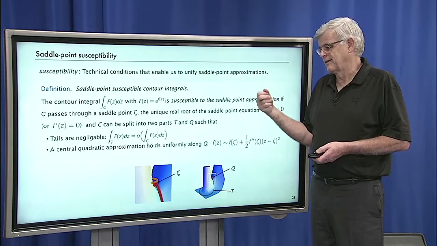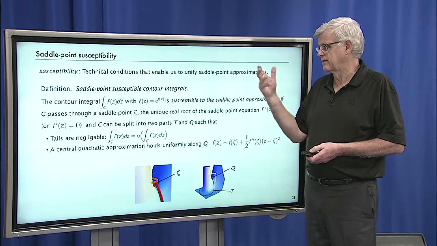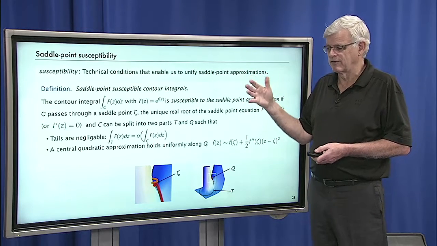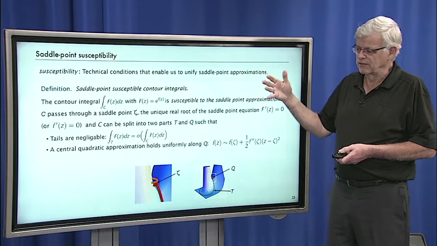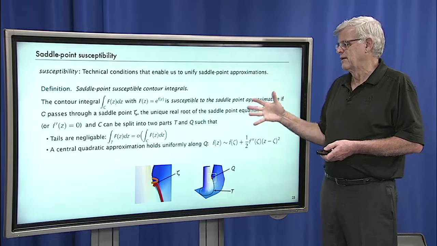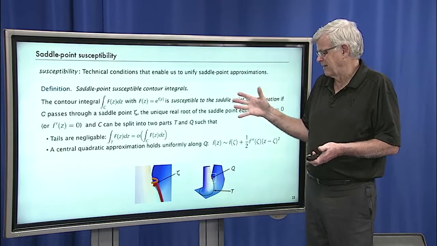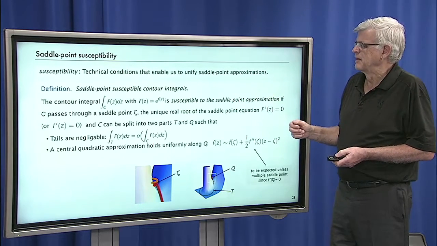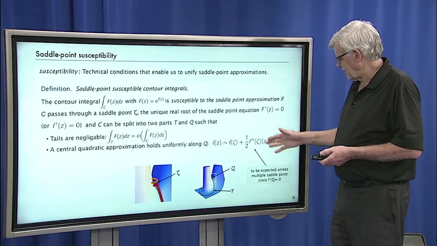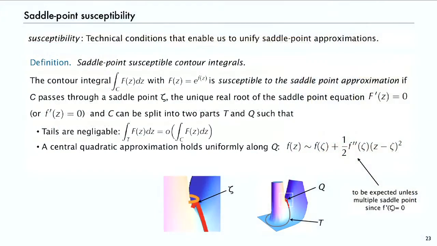And as with many of our transfer theorems that we considered earlier on for singularity analysis and other approaches, these technical conditions have to be checked. If there's a multiple saddle point, then maybe there'll be some other part of the condition to worry about, but I'm not going to worry about that in the lecture.